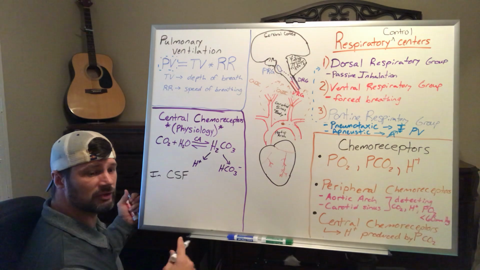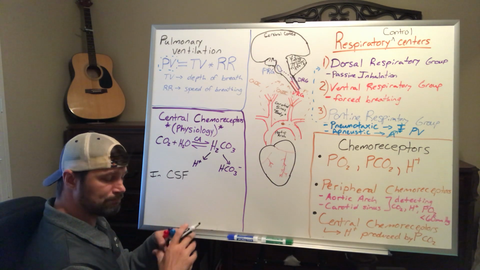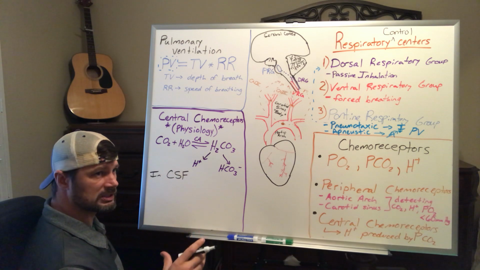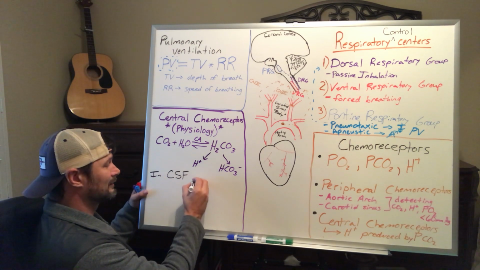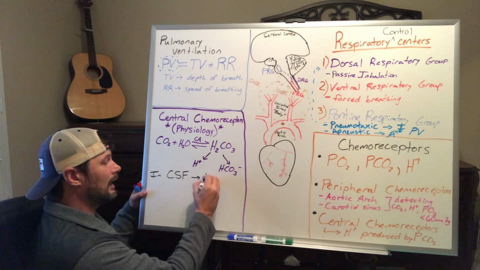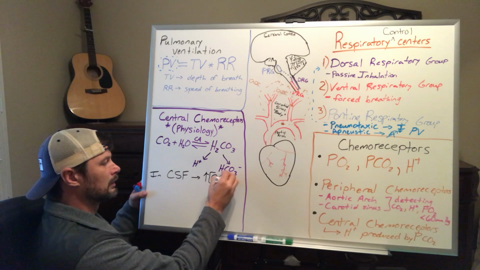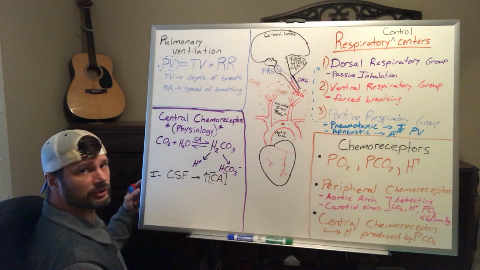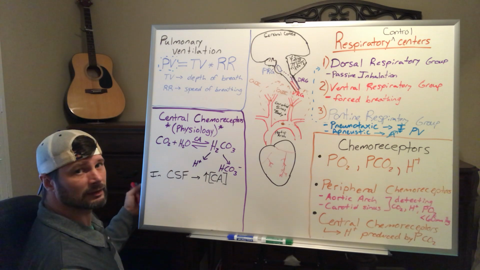This is the fluid found inside of the ventricular cavities of the brain. Lots of functions of CSF, but we're going to focus on the fact that in CSF there is a high level of carbonic anhydrase. There is a very large concentration of carbonic anhydrase inside of the CSF.